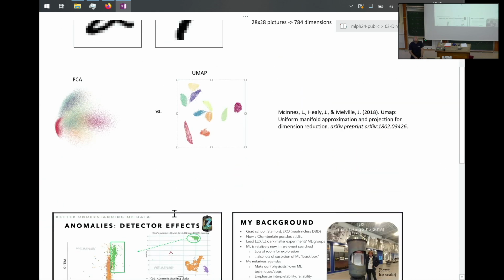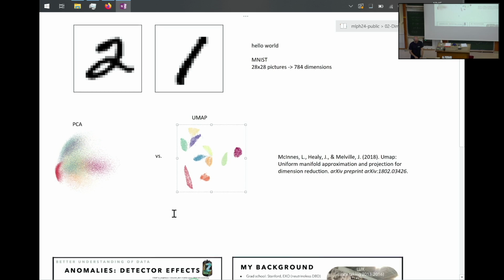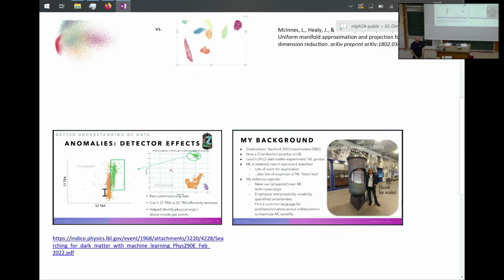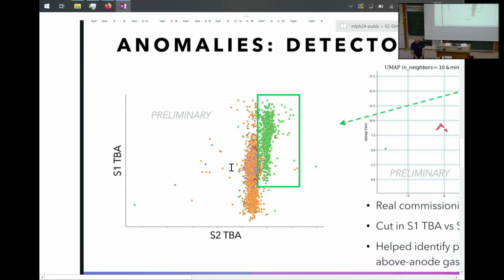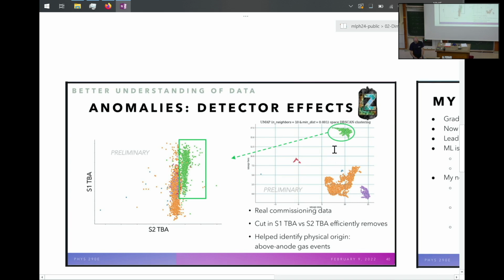And the same thing can be useful in physics. Here, for example, the gentleman on the right-hand side, Scott, used this in analyzing data in some detector, and found that there were some funny things in the data, and these turned out to be above anode gas events.